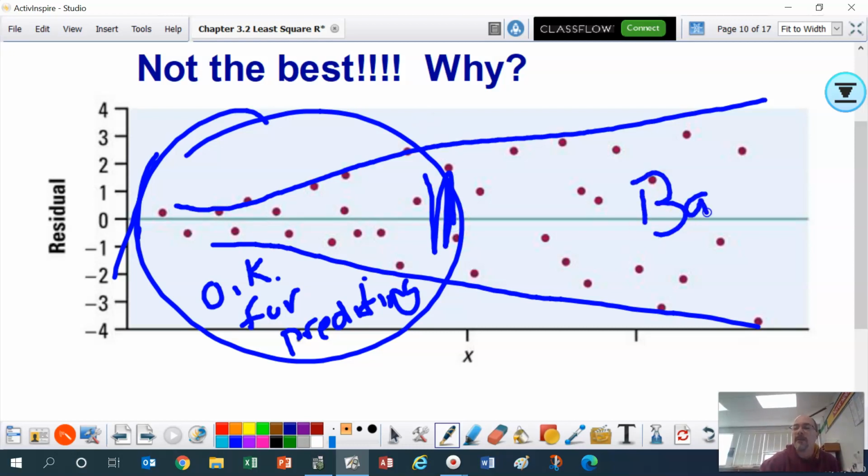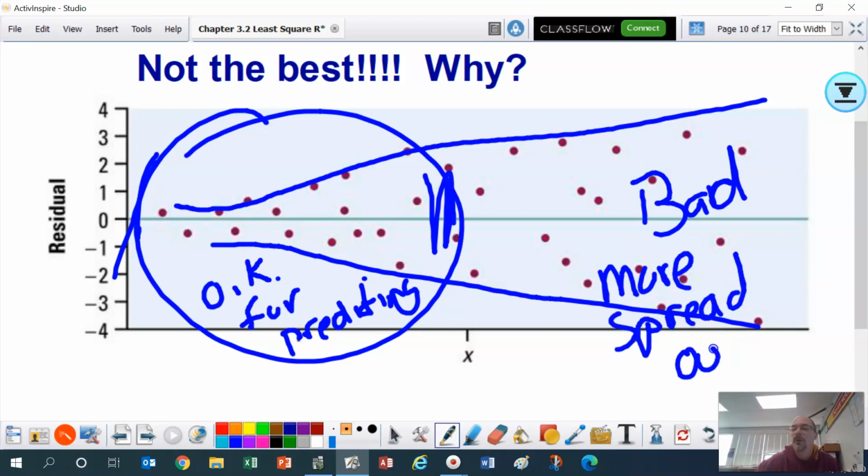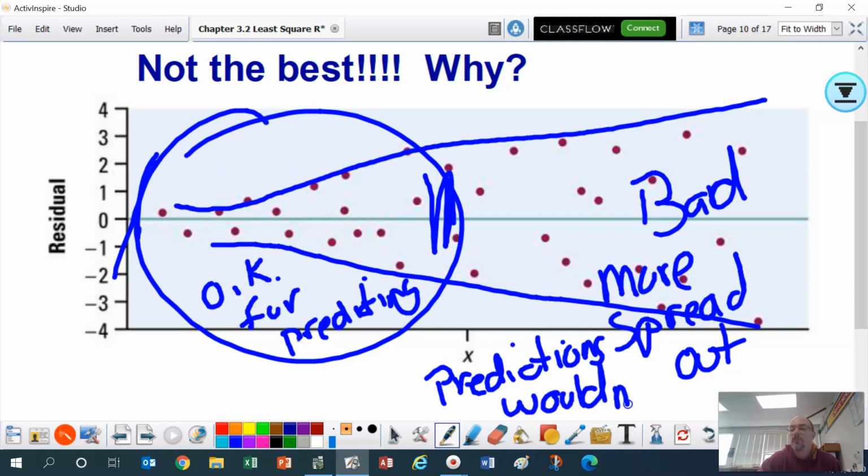But then here it would be bad because it's more spread out. So making a prediction there cannot be reliable. Predictions would not be very reliable. Sorry, my handwriting is so sloppy. So the predictions there would not be reliable. It's not the best, but it's not the worst. That second one was really bad.